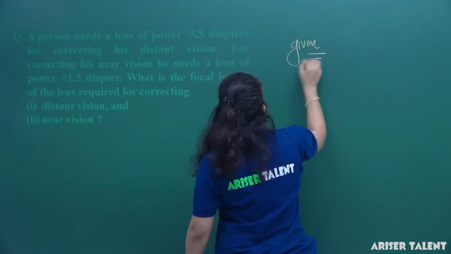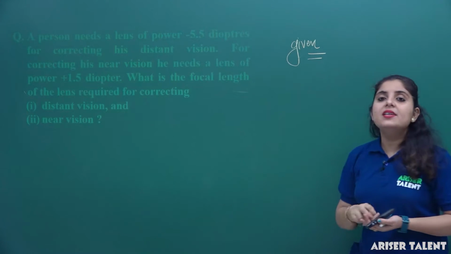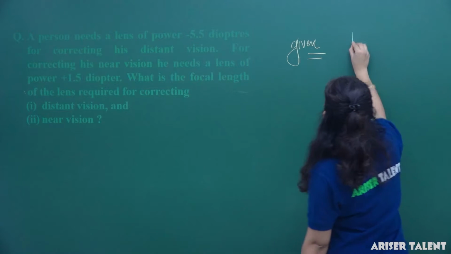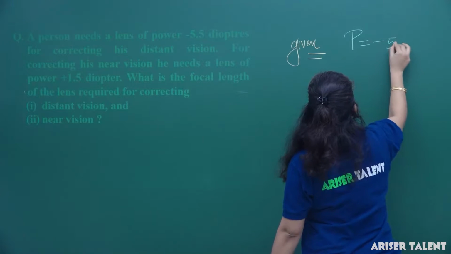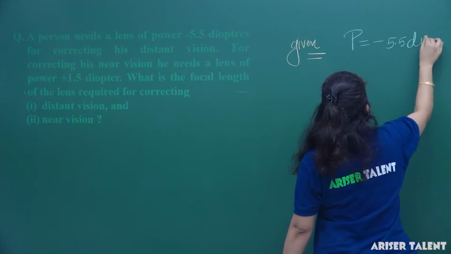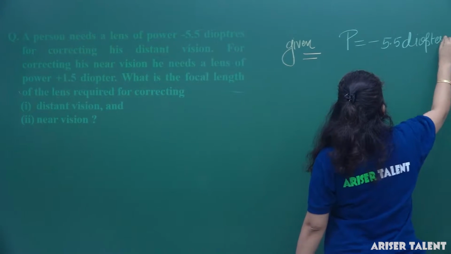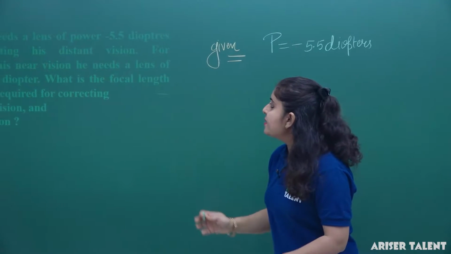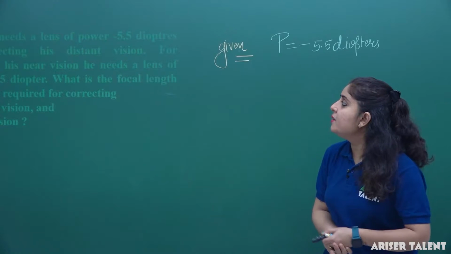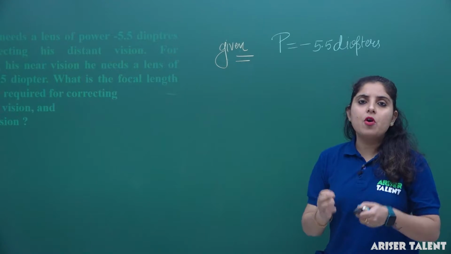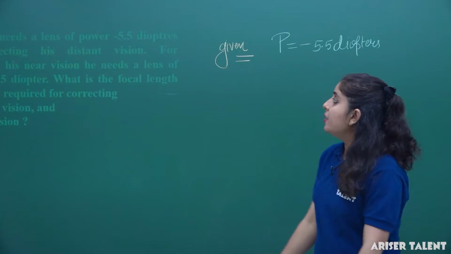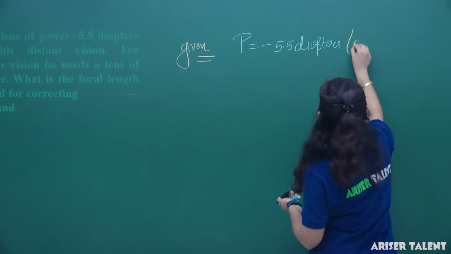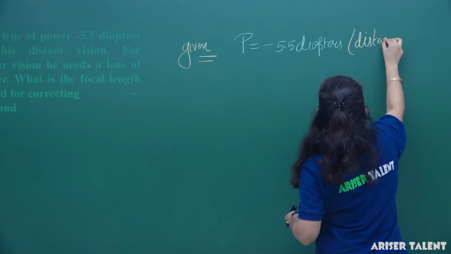A person needs a power of minus 5.5 diopter for correcting his distance vision, and for correcting his near vision, he needs a power of plus 1.5 diopter. The first power, minus 5.5 diopter, is for the distant vision.